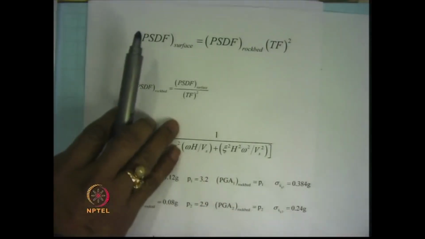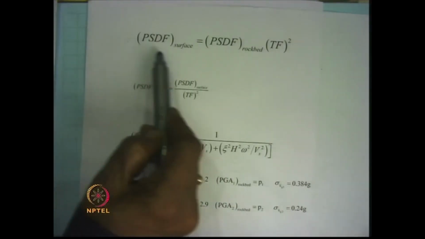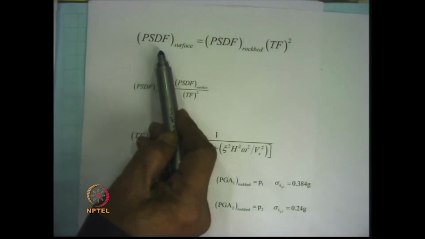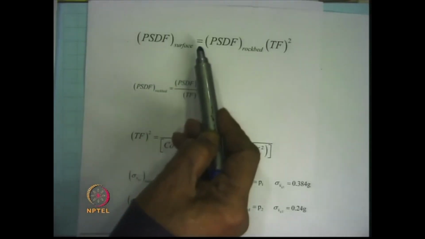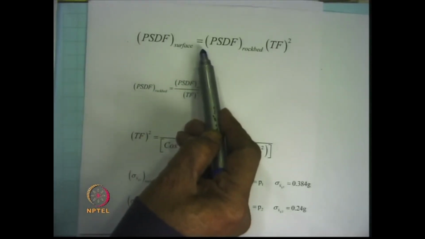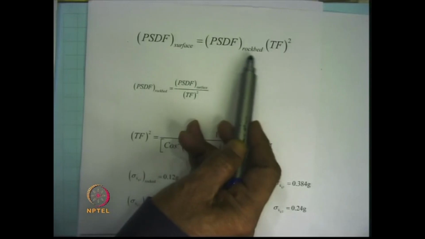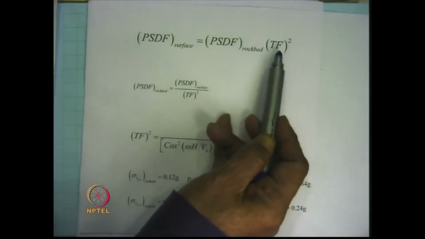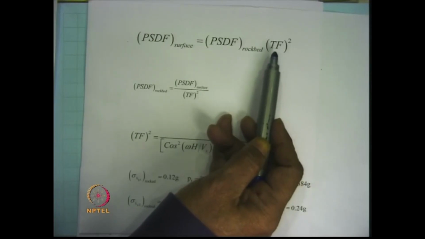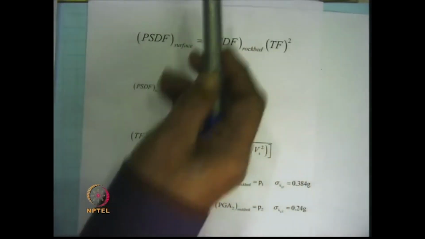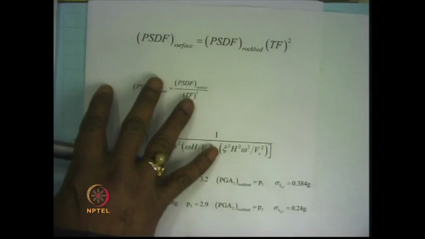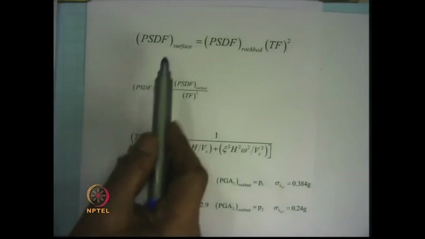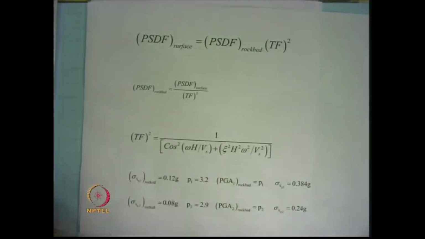So, here the power spectral density function at the surface is obtained as a function of the product of the power spectral density function at the rock bed multiplied by the transfer function square. That is a forward problem, or in other words a forward wave propagation problem, that is, from the rock bed we are going to the surface.